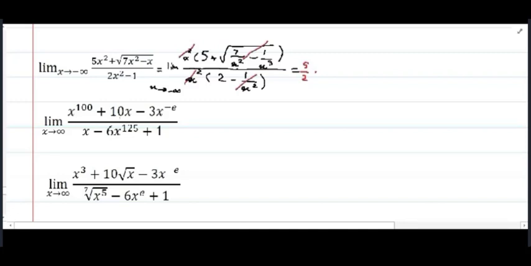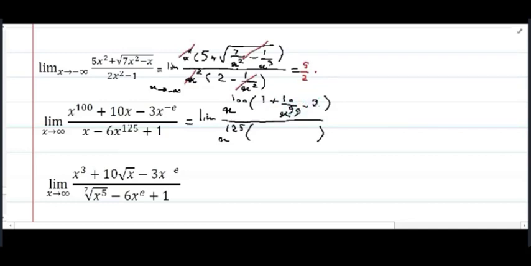If I wanted to factorize and use number 8 or 9, here the largest degree for x is x^100 in the numerator, and the largest degree in the denominator is x^125. So I can rewrite it as 1 plus 10 over x^99, because the degree decreases by one, and minus 3 over x^100.